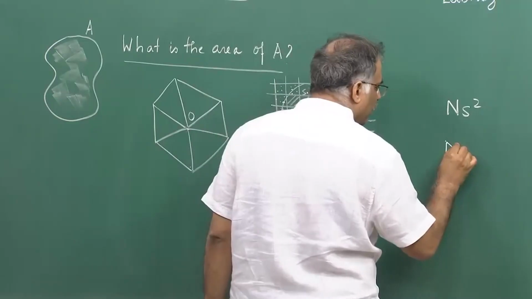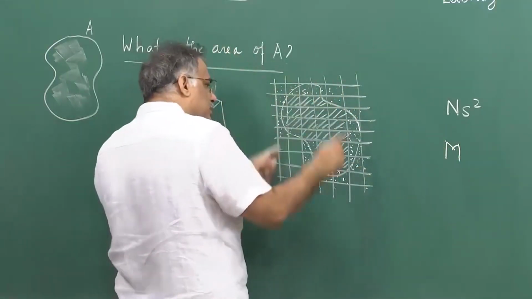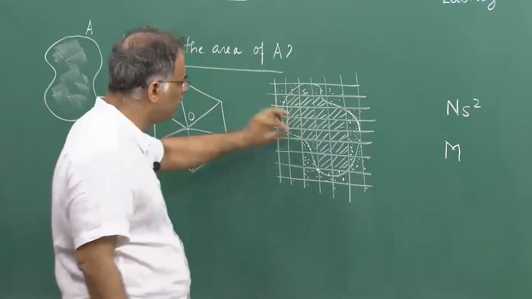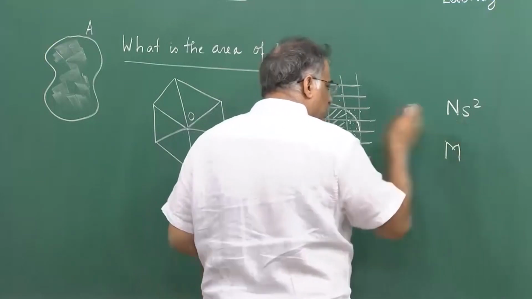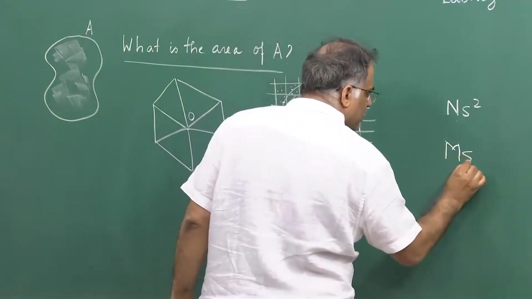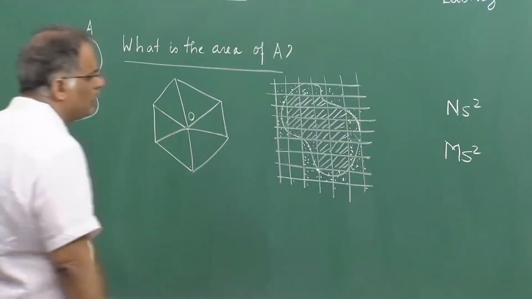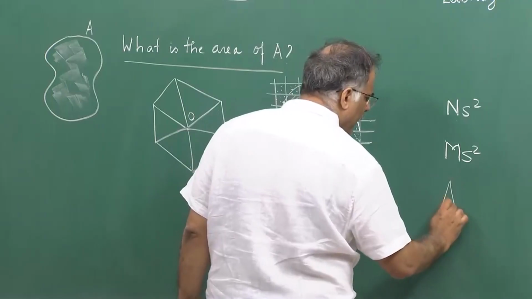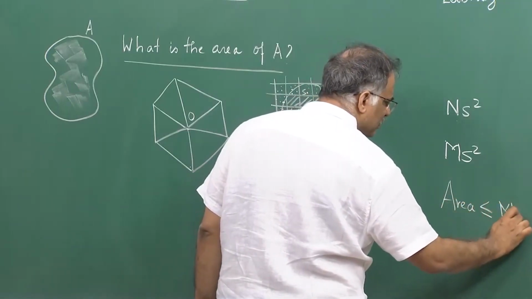So m is the number of total square blocks which are intersecting with the body. n is the number of those blocks which are completely inside the body. So this has an area ms square, where s square is the area of one square. So the area of the body is bounded by these two quantities.